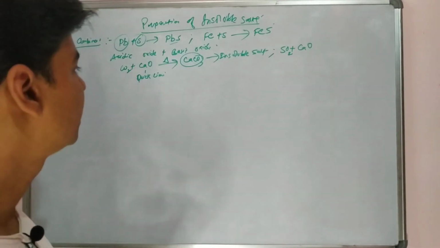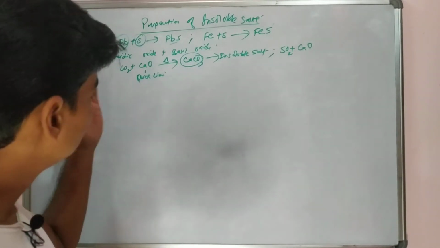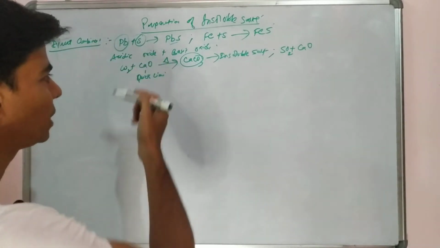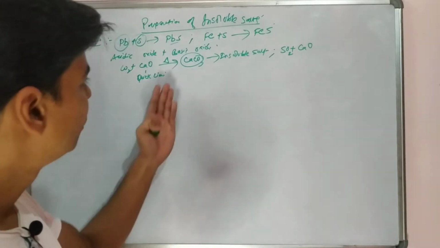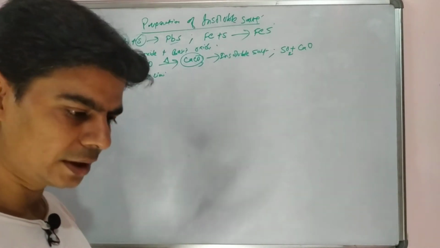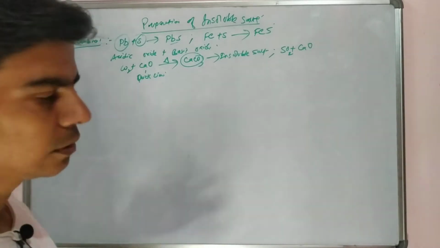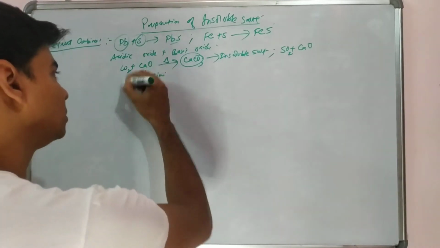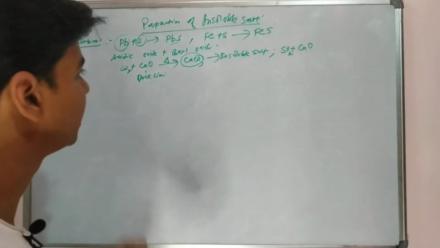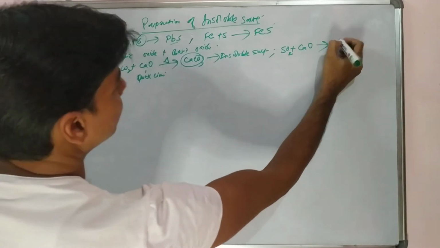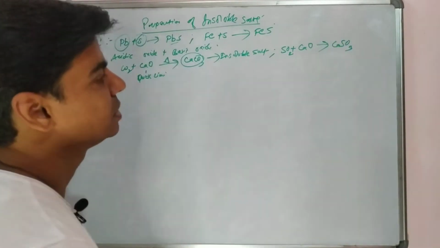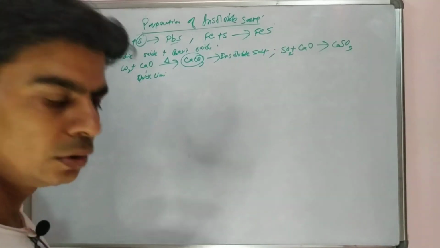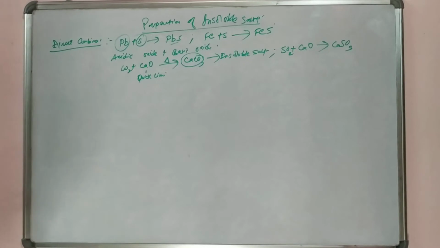Or they may ask which compound will react with carbon dioxide to give calcium carbonate, or ask in true or false: will quicklime react with carbon dioxide to give the insoluble salt calcium carbonate? So you should know that the common name for calcium oxide is quicklime. Here also you will get an insoluble salt, calcium sulfite. Quicklime, or calcium oxide, will react with sulfur dioxide to give you calcium sulfite.